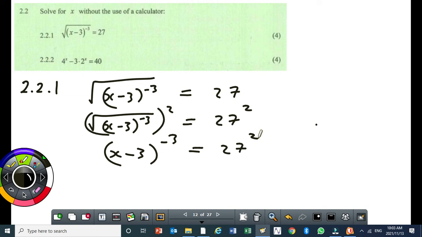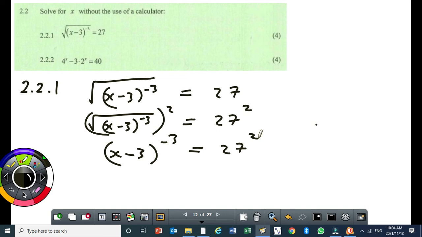Then, the next thing which I would suggest you can do here, right? Either you can convert the 27 to the base of 3 from this step, or you can convert the exponent with minus 3 to a product. Right? You can even work with it as it is.